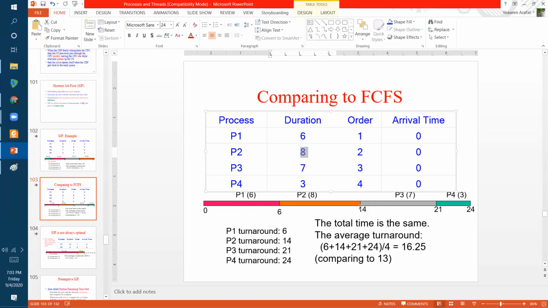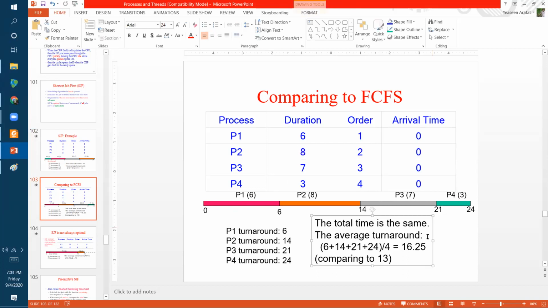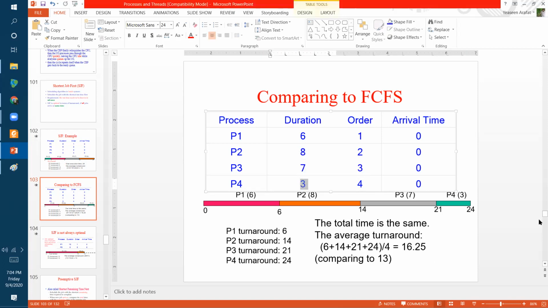Then P3 will start at 14 and will end by 21. Then the last one will do the same: 21 to 24, as its job duration is 3 seconds. Now for turnaround time, we have to find the end time minus arrival time of each process. For P1, the end time is 6, arrival time is 0, so 6 minus 0 equals 6.